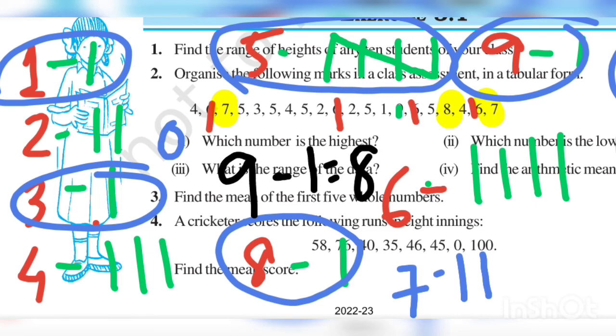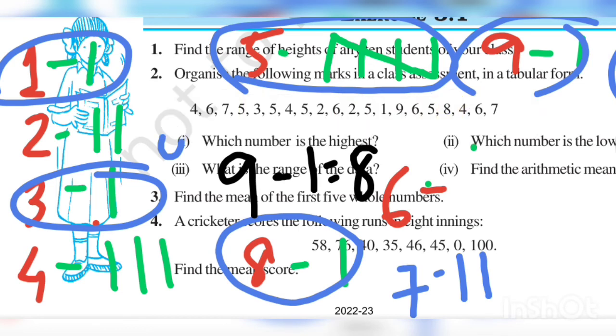Okay, now let's take the fourth question. What is the arithmetic mean here? Check the total number of numbers here. You can see how many numbers there are: 4, 6, 7, 5, all these numbers. Now the question is, what is the total of the marks of the class assessment?